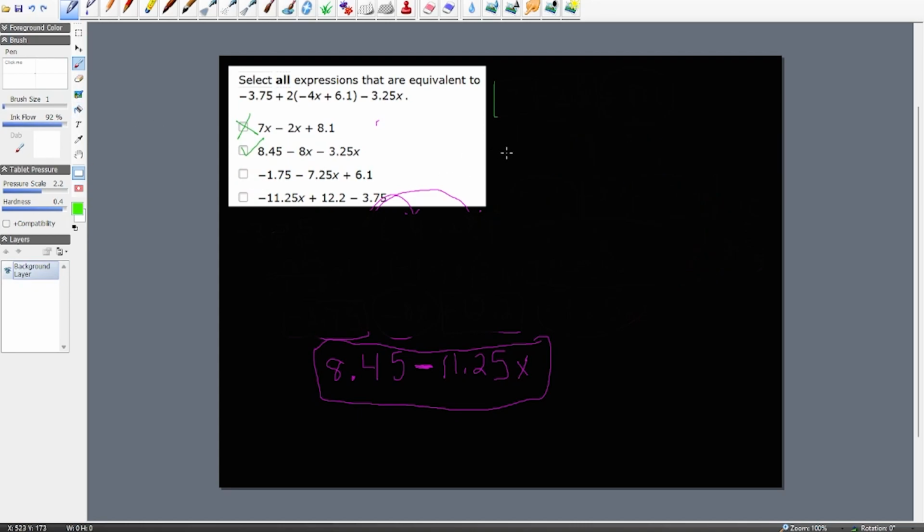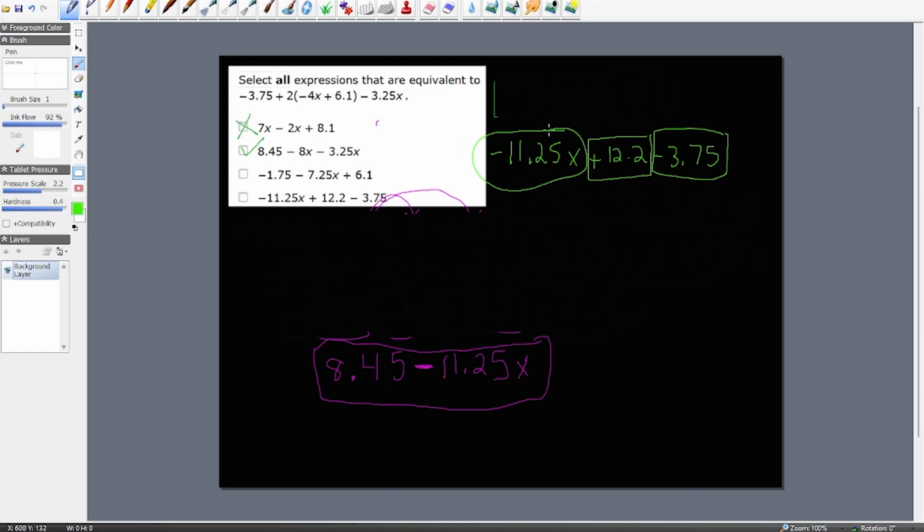And onto our last option. We have a negative 11.25x plus 12.2 minus 3.75. We just have the one x term, and I'll put squares around my constants, and a circle around my x term.